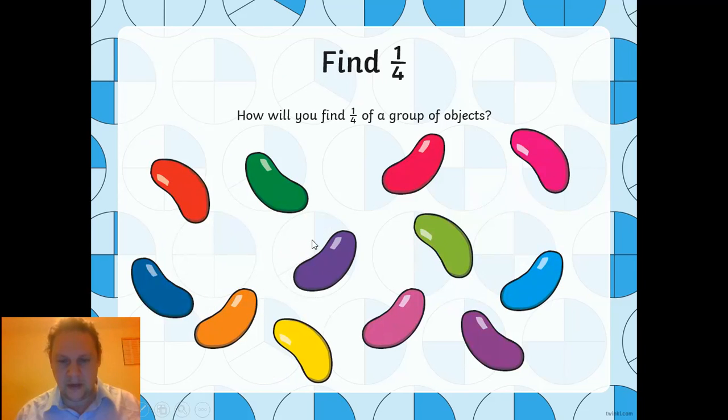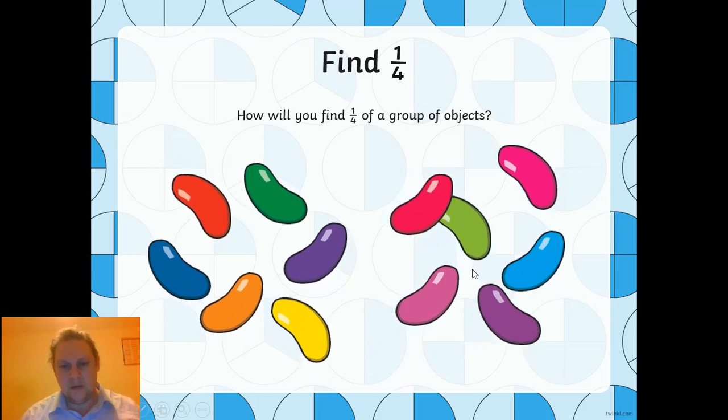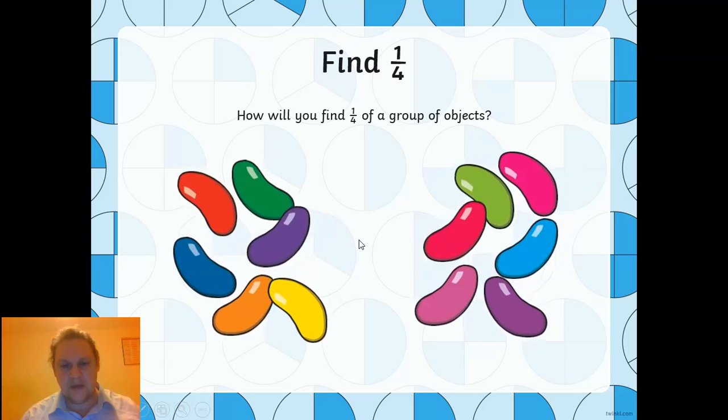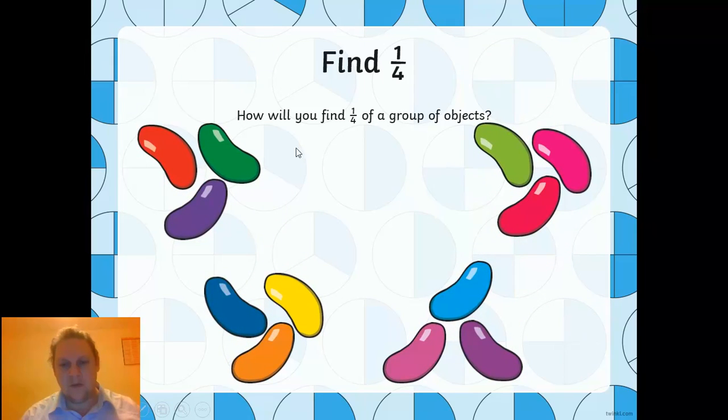Let's have a look at it again. We start off with 12. Now, we're going to put them in half. We've got 6 in each group. We're going to halve each of those groups again. Now, we've got 4 equal groups with 3 jelly beans in each group.